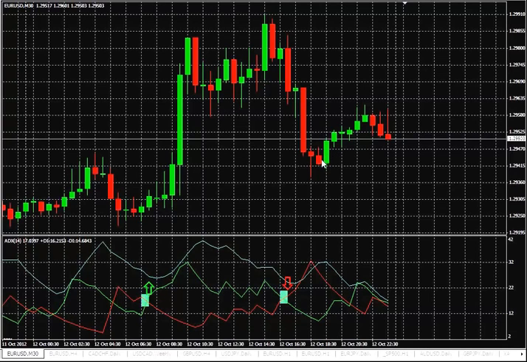So I exited at the best possible point, and I milked this bearish trade as well.